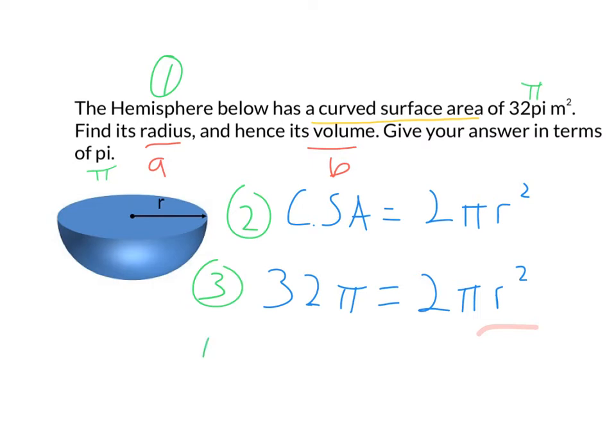Step 4 now tells us that we should start trying to simplify this to get to our final answer, where we can solve for r. So one thing that jumps out at me that we can simplify from both sides is our letter pi. So we can cancel out pi from both sides because it's common to every term.